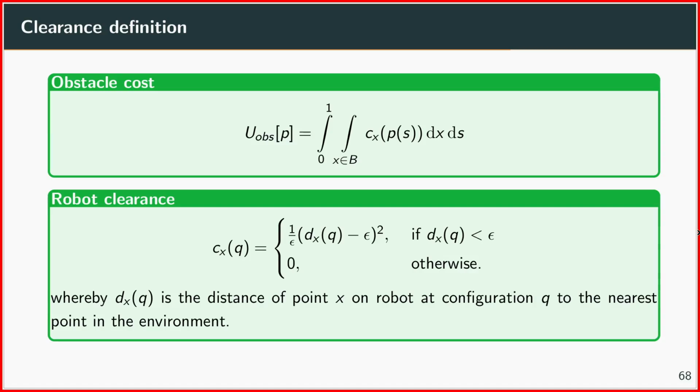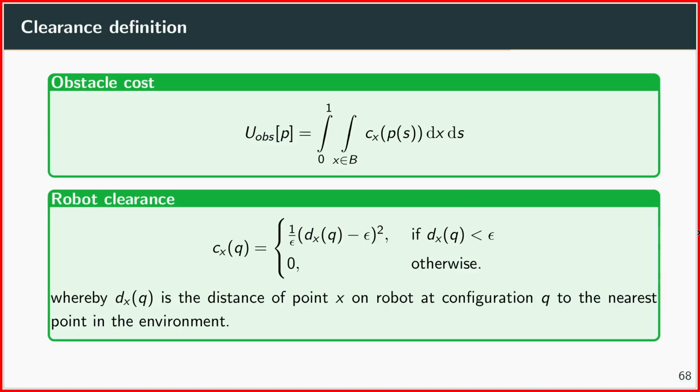And then we take, for example, a quadratic function of this, and this tells you what your clearance is. Then you just sum up over multiple points on your robot, and this gives you a certain cost, which is high if you are very close to an obstacle, and low if you are very far away from an obstacle.